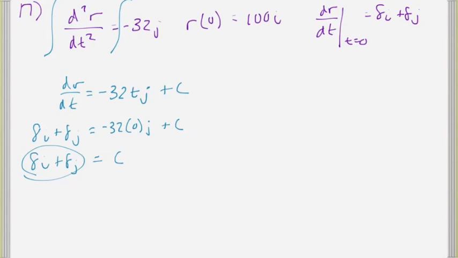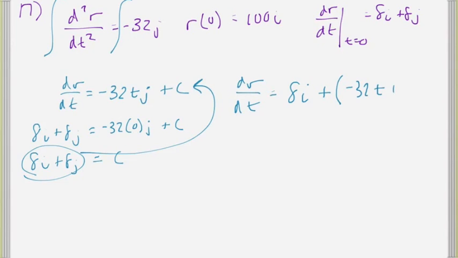So we're going to bring that back to here and simplify this equation a little bit. So we've got the i part, so I'm going to have 8i plus, then for the j part, I'm going to have negative 32t plus 8, combining those like terms of the j pieces.